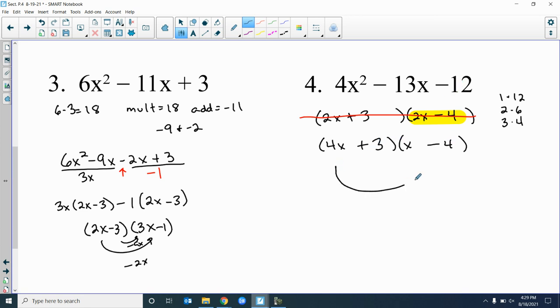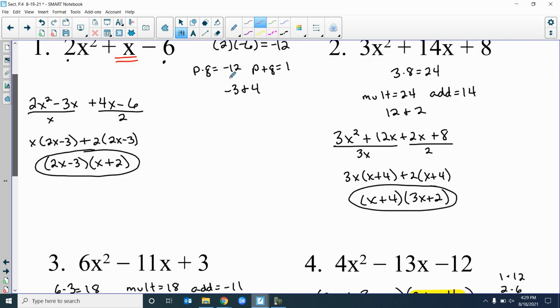I just got to check to see if my two multiplications here will add up to negative 13, and they do. So right there, that lets me know that is correct.